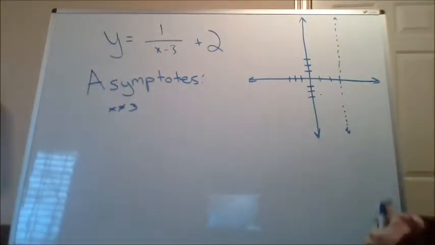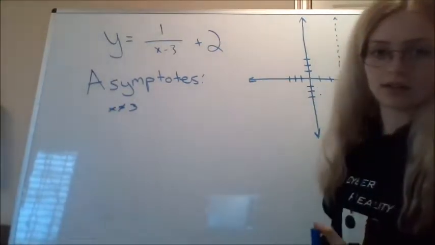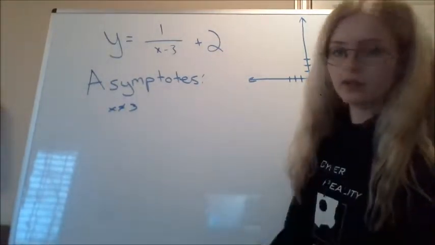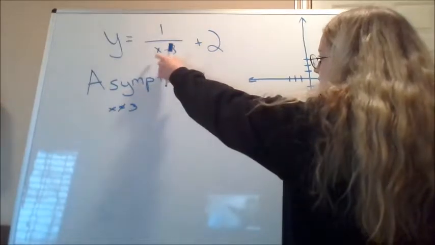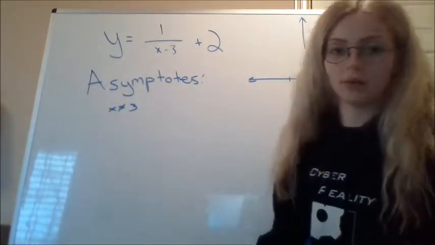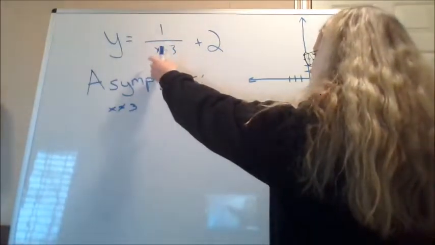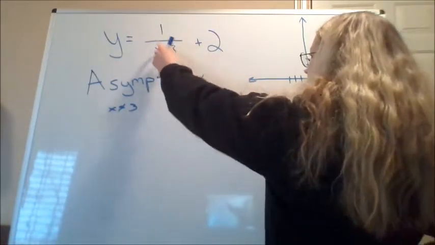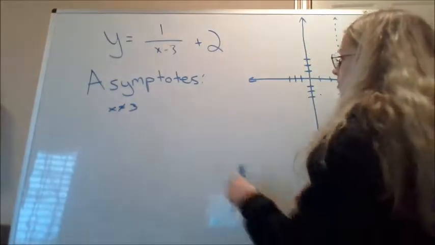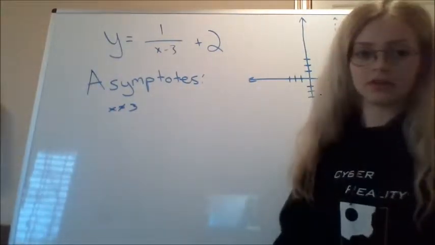Now let's think about what our function does at this asymptote. Well, if we had a number that's just greater than 3, we would have a very small positive number in this denominator. And 1 divided by a very, very tiny positive number would be a very, very big positive number.